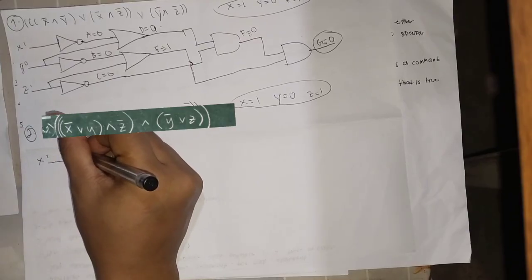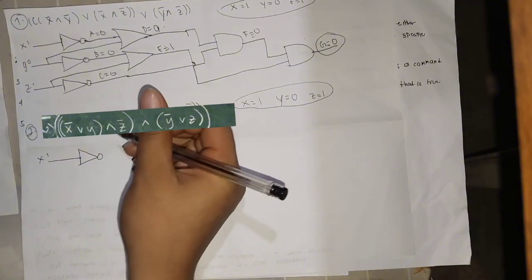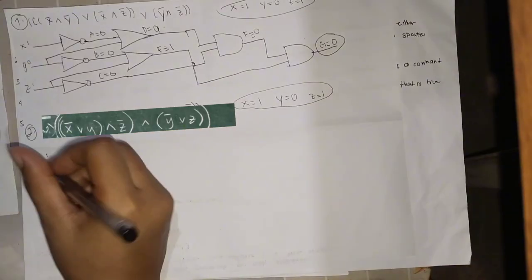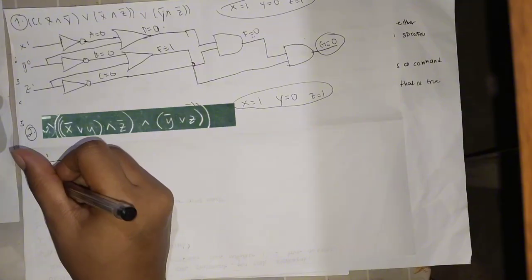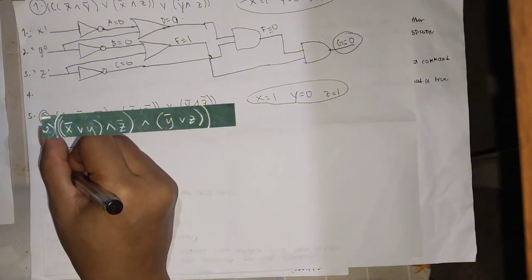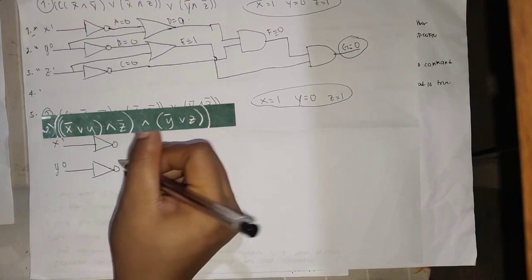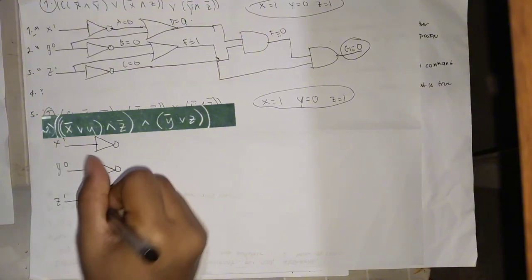So we draw a NOT gate from X, which is a 1. Then Y is 0. Then Z is 1.